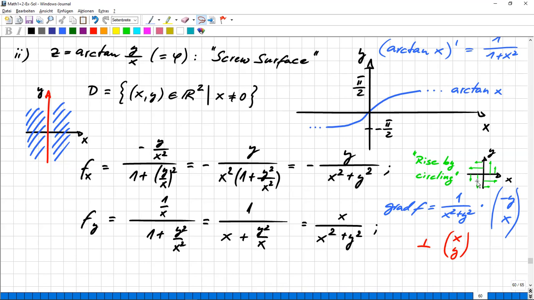And now, since we interpret it as a spiral staircase without steps, the question is, and I give you the answer, where must I go in order to rise as quickly as possible when I'm moving on a spiral staircase, a smooth spiral staircase without steps? The answer is, as you all know, you must go around the z-axis all over again, against the clock, counterclockwise in the mathematically positive sense.